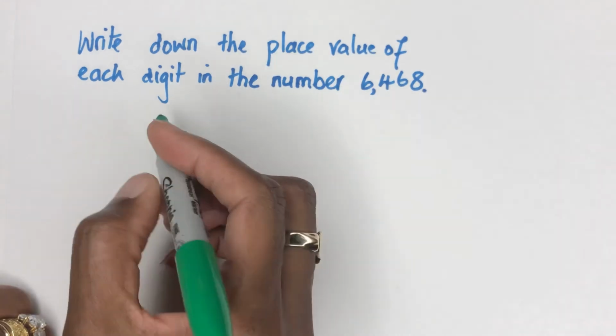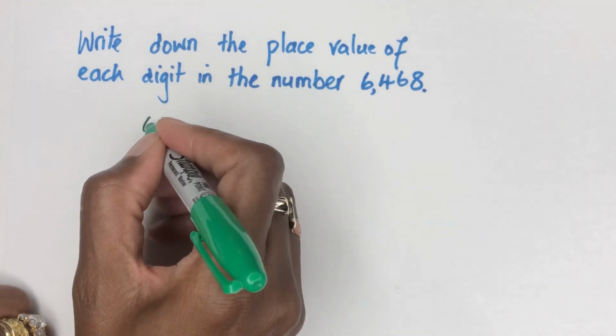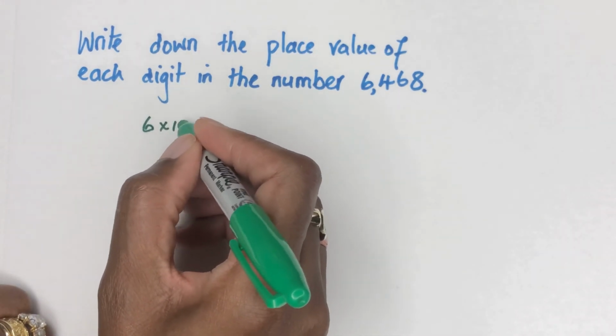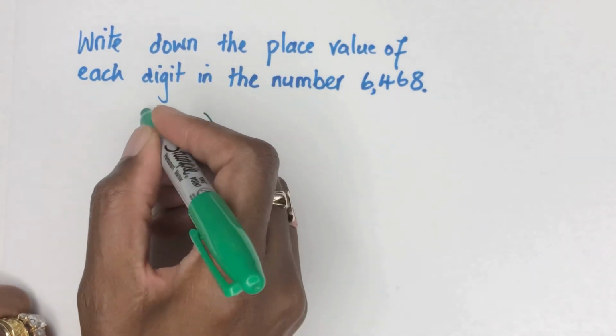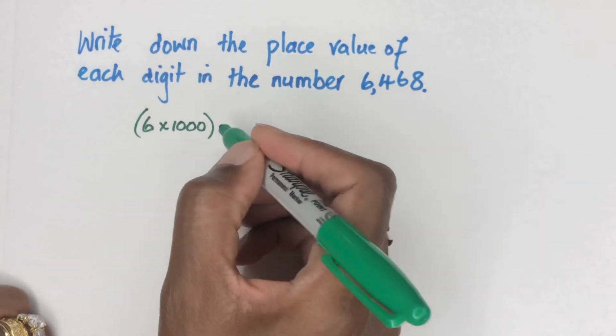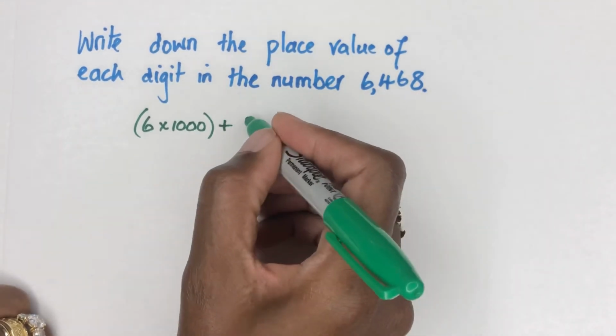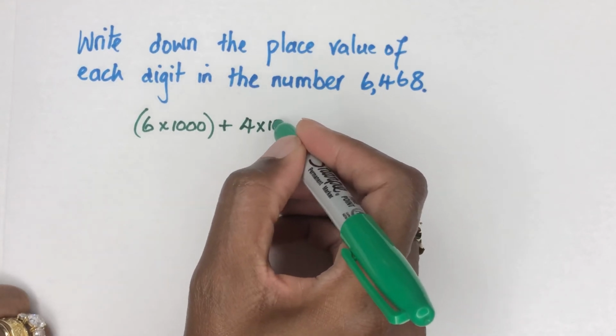So for the 6, it would be 6 because it's 6,000. So it would be 6 times 1,000. Right? So you'd write it like that. Plus 400. So that would be 4 times the 100.